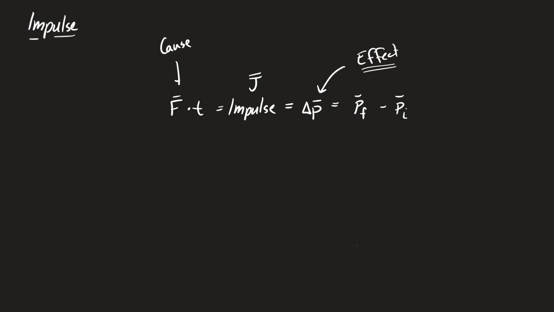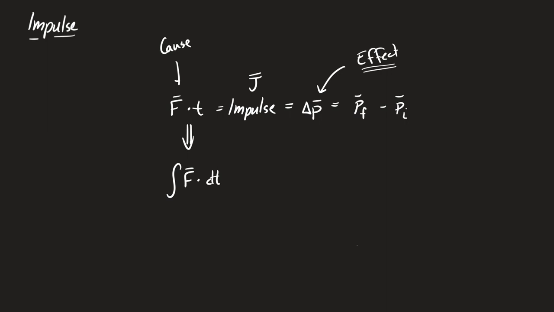But this is AP Physics C, so a more robust way to do this is to recognize that the force doesn't have to be constant. And therefore, an integral could be used to calculate the impulse if you have a time-varying force.